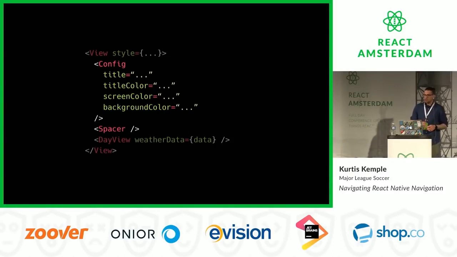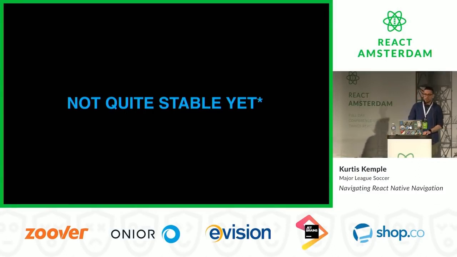It's hard to get those native tab components to look the way that you want them to. So, not quite stable yet, right? And that's touching back on that disclaimer. But for us, it has to go on a con because we're wanting to take this into production soon, and it just doesn't feel like it's ready yet.